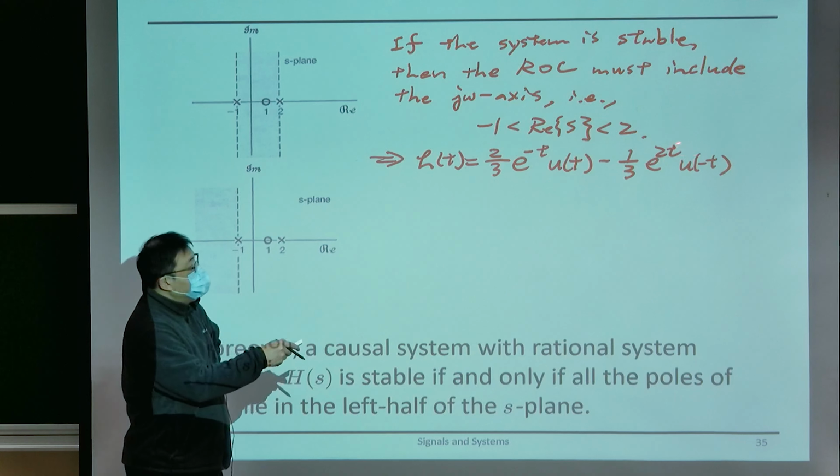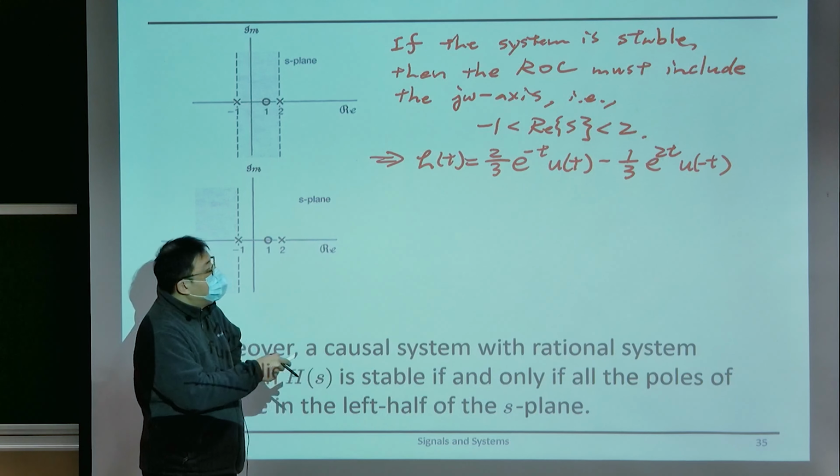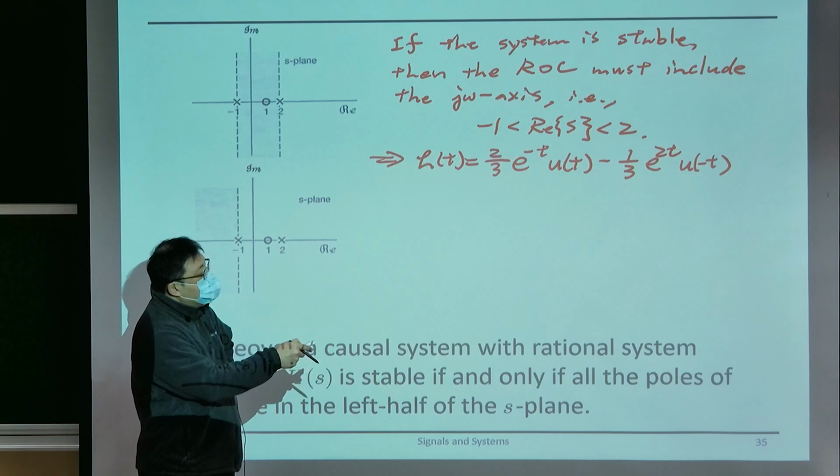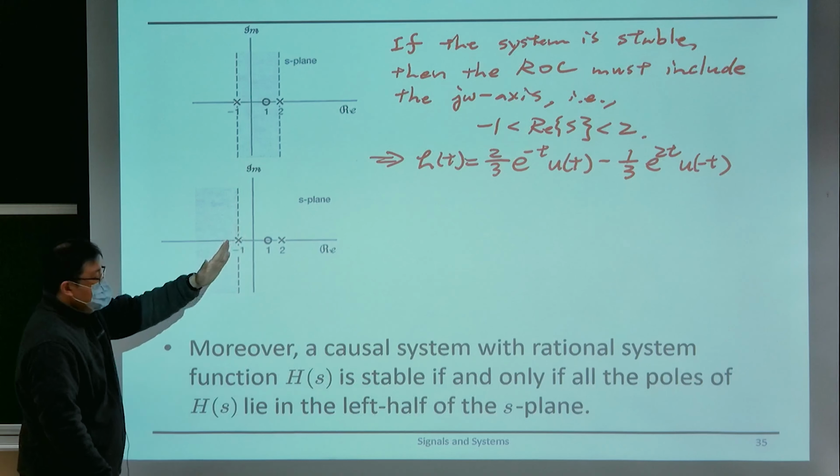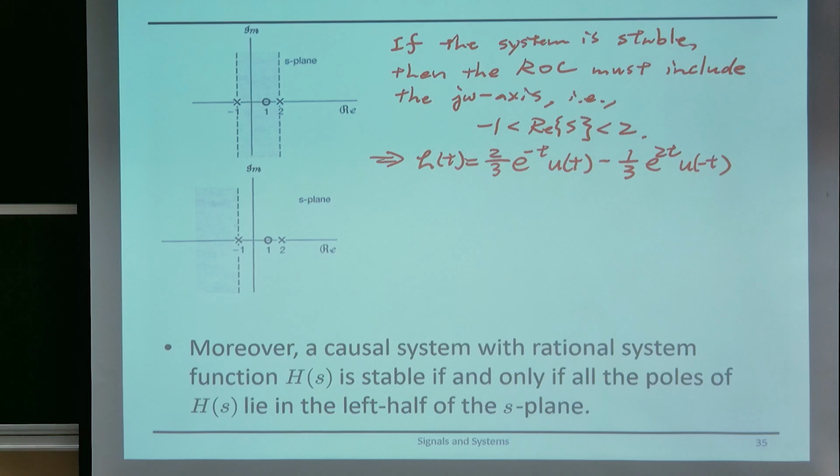So the t here must be negative. So as t goes to minus infinity, this exponential is also decaying. One decaying to the right, one decaying to the left. So overall, it is absolutely integrable.